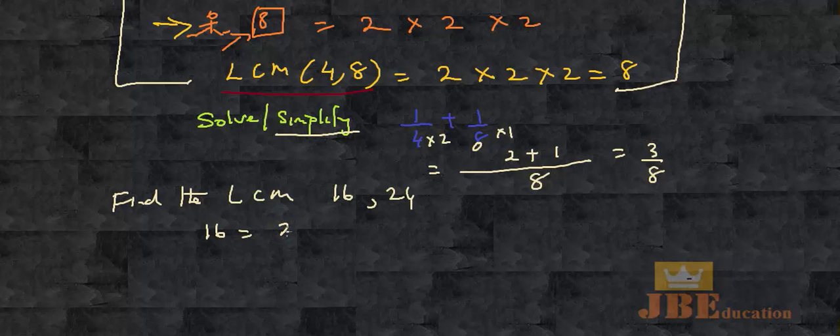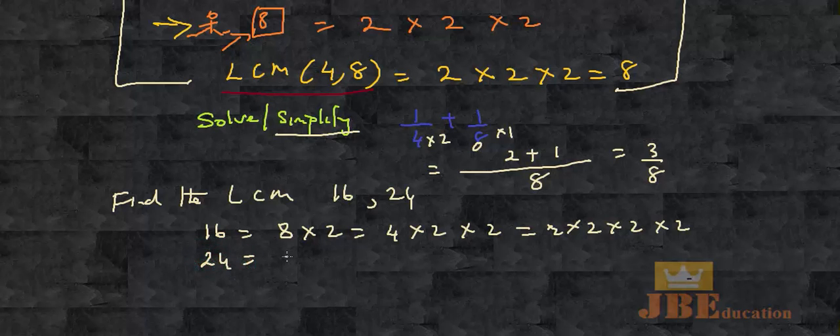So 16 can be represented as 8 times 2, 8 is 4 times 2 times 2, and 4 is 2 times 2, giving 2 times 2 times 2 times 2. Followed by 24, I'm going to represent it as 12 times 2. Of course there are other ways to represent it also. 12 is 4 times 3, followed by a 2 there. 4 is 2 times 2, so 2 times 2 times 3 times 2.